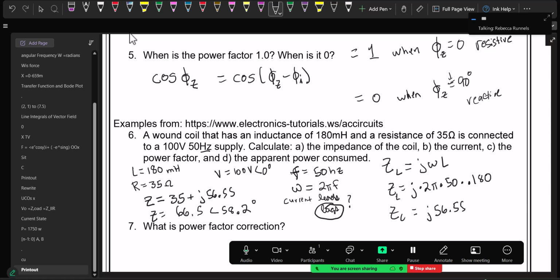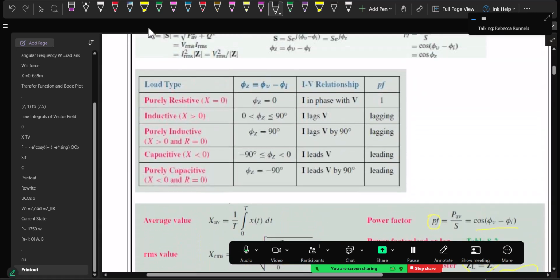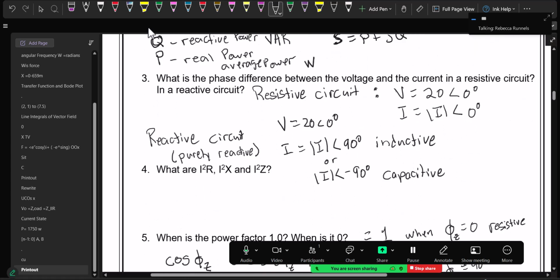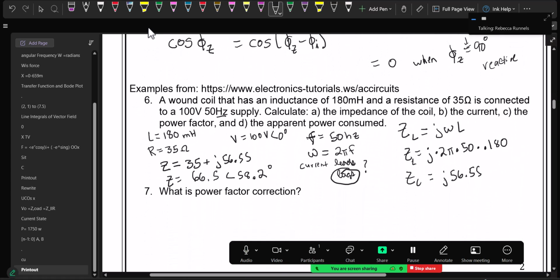It lags, and there's several ways we know that. Our angle is between 0 and 90, and it was an inductor, and it's lagging. So the current lags the voltage. A positive angle, an inductor, and lagging all go together.